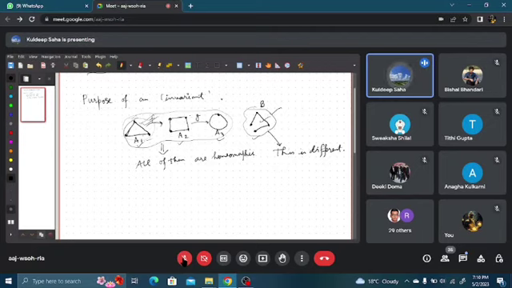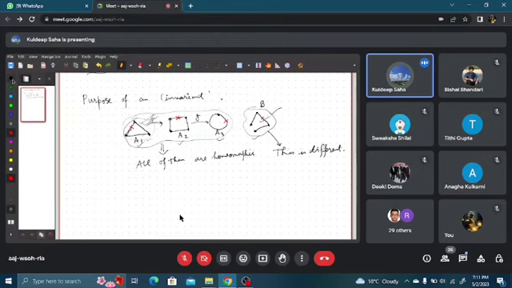So what is the crucial point? If I remove one point from each of this one and this one, they remain connected, right? But if I remove one point from here, then this will not remain connected.